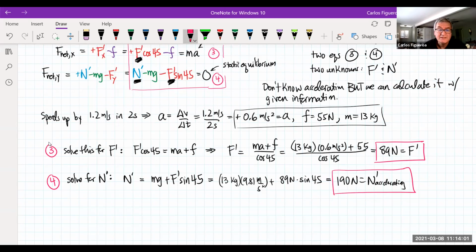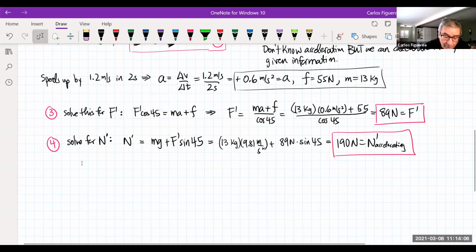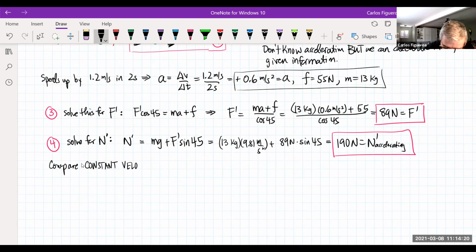Now, let's see if this makes any sense. What we want to do is compare the constant velocity situation versus the accelerating situation.